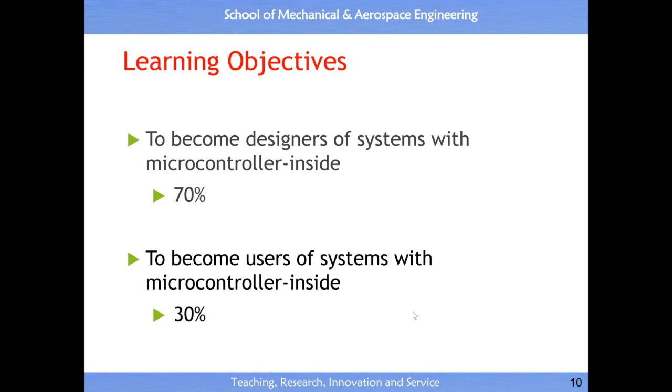Then in this case, you must know how such a system or product works. So the learning objective is described by this slide. Roughly 70% is for you to become a designer of a system with a microcontroller inside, and 30% is for you to become a user of a system with a microcontroller inside.